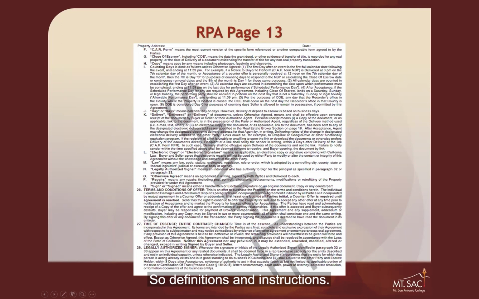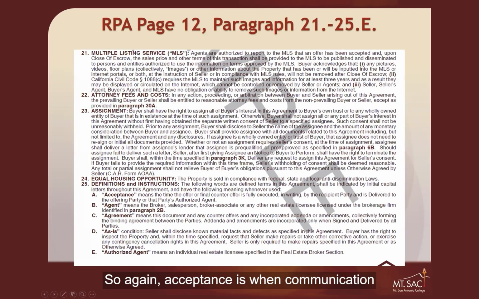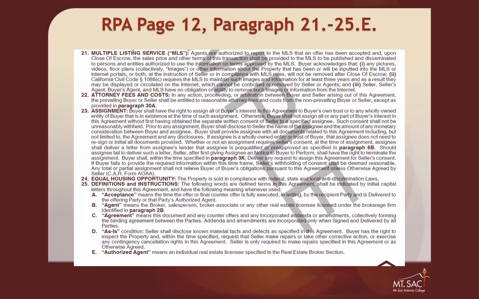So definitions and instructions. Again, acceptance is when the communication of the acceptance has been delivered. That's been changed. We're going to talk about that on the last page. We can now communicate to the agent via email, and that will constitute delivery. So it's a little different there. We'll get to that a little bit later.